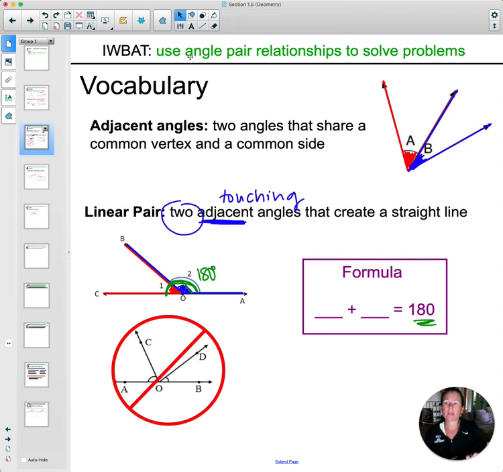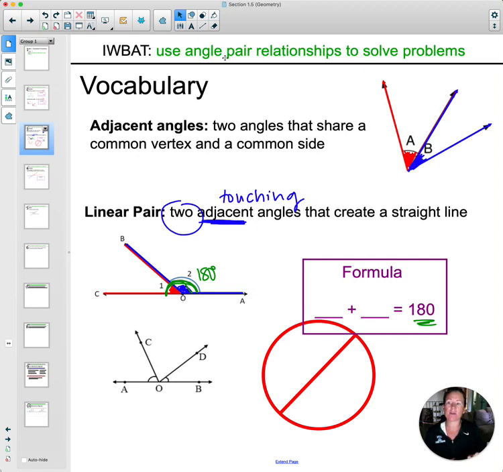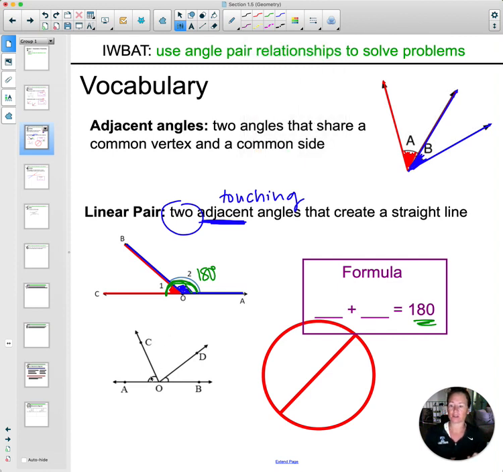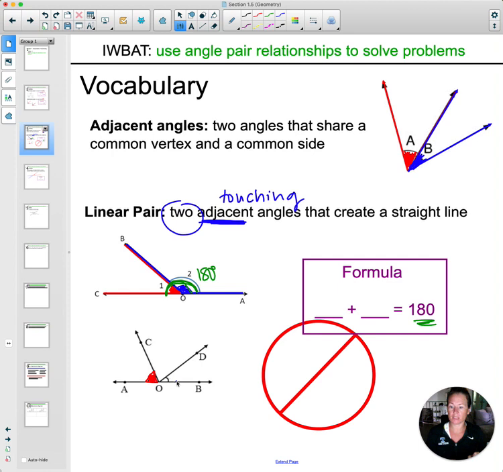So remember that linear pairs have to be touching and 2 angles. So here's a non-example of a linear pair that people often mistake for a linear pair in the beginning of learning about linear pairs. So we've got this angle here, AOC, which takes up this chunk right here. And then we have angle BOD, which is right here, and that's just this part.